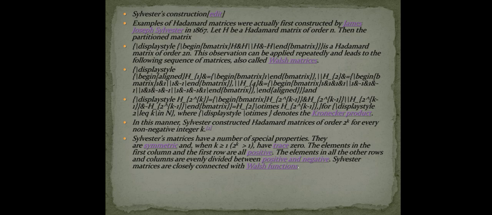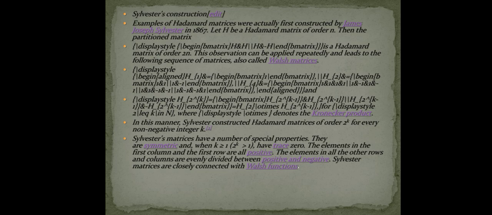This observation can be applied repeatedly and leads to the following sequence of matrices, also called Walsh matrices. In this manner, Sylvester constructed Hadamard matrices of order 2 to the power of k for every non-negative integer k.